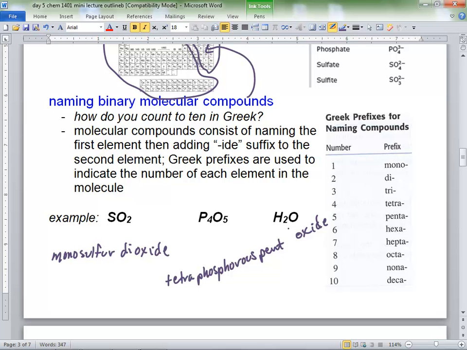The technical way, actually the way you're supposed to write water. Let's pick on Danielle. Danielle, how would you write the technical way of writing water?